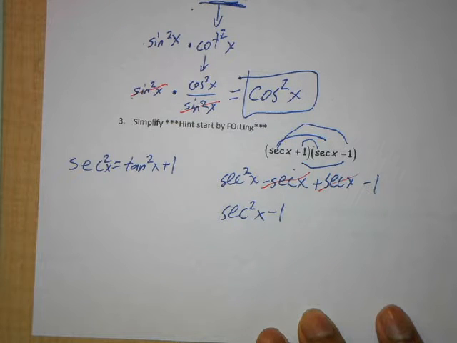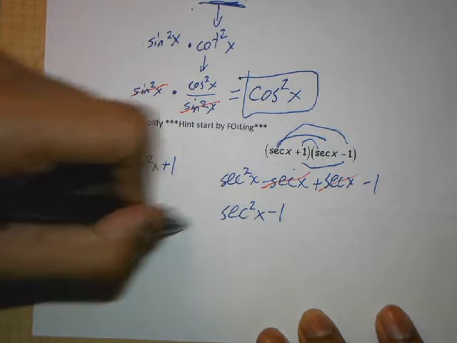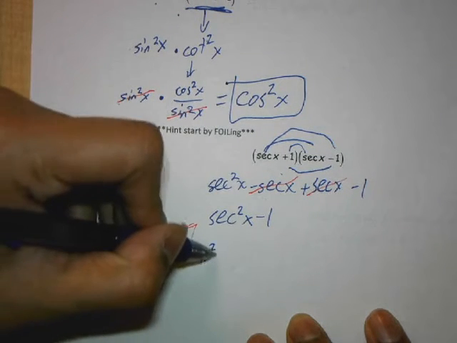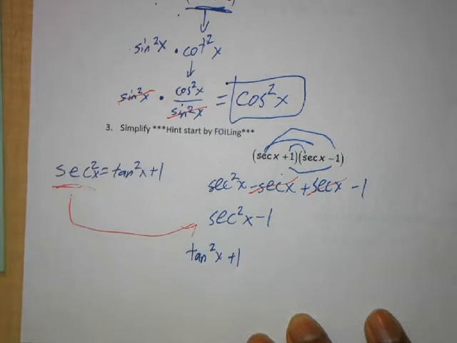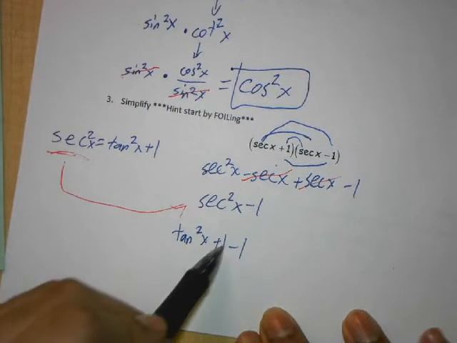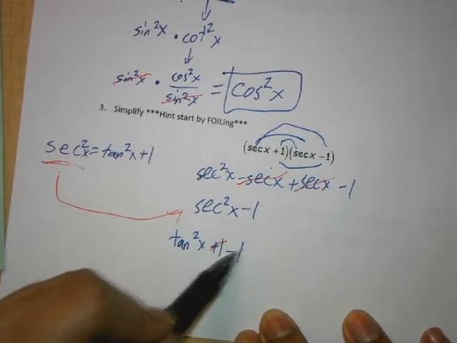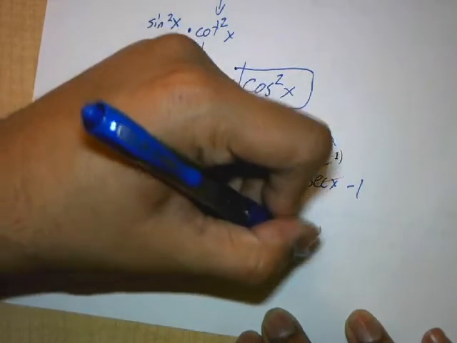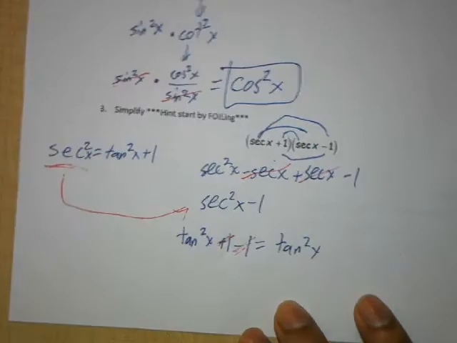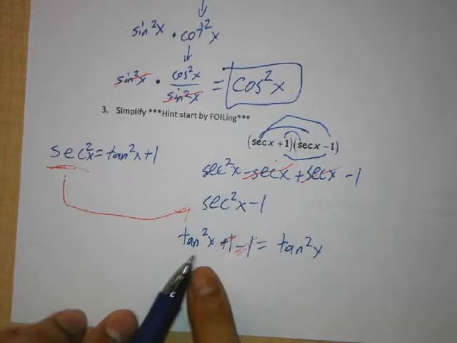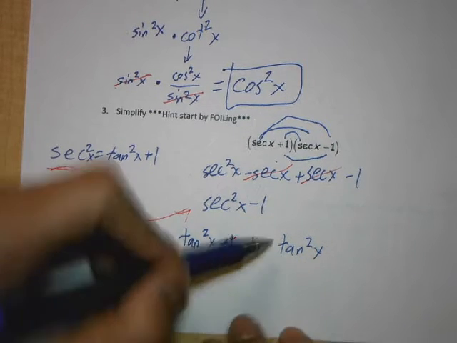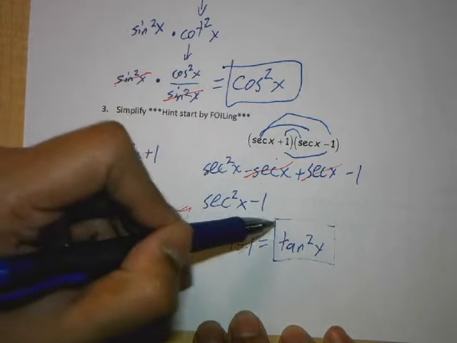So if I use this and plug it in over here, I'm going to get tangent squared plus 1, and then bring this minus 1 down as well. Again, pieces that cancel, right? And I'm left with tangent squared. Okay? So again, I had to cancel those 1's out, and I got just tangent squared left. Now this is your final answer. Okay?